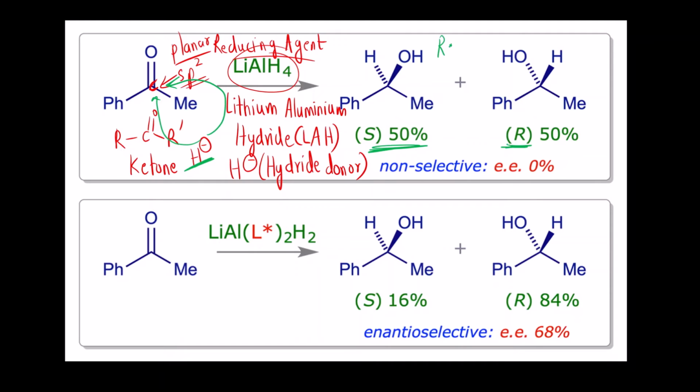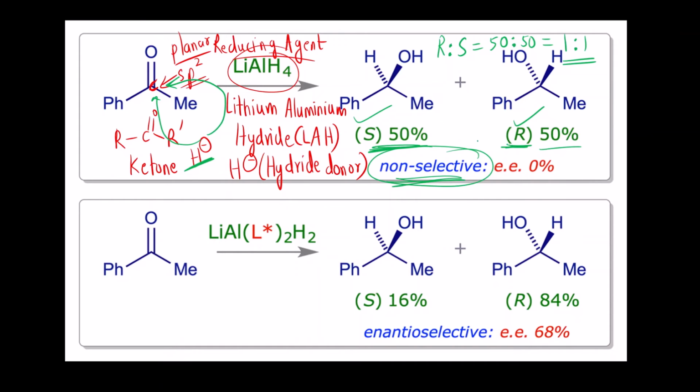So if the R and S possibility is 50-50, that is 50% probability, or a 1:1 ratio of the product is formed, then we can say that it is a non-selective reaction. Non-selective means R is formed in equal amount and S is also formed in equal amount.